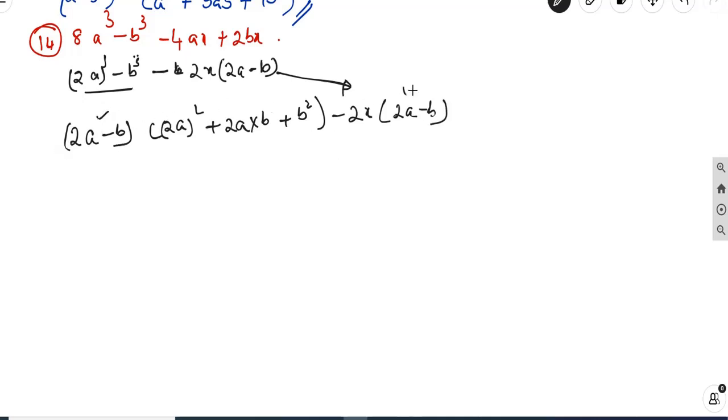This one and this one are common. So if I take out 2a minus b, what is left? 4a square plus 2ab plus b square minus 2x. Can we add or subtract anything here? No, we cannot. So this is the answer for problem number 14. So we'll go for the next problem.